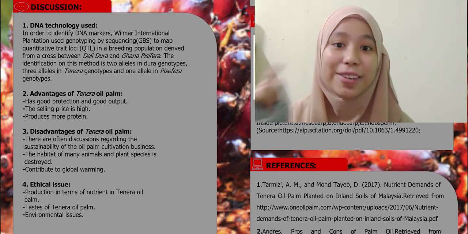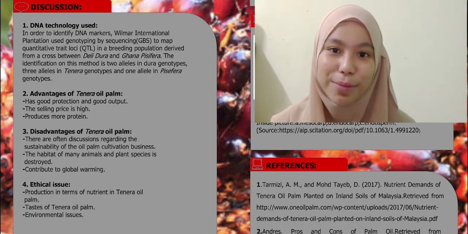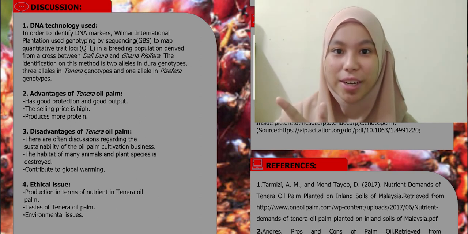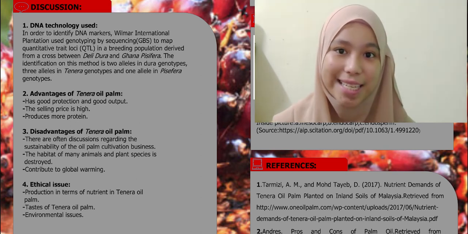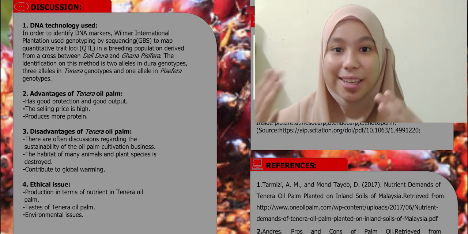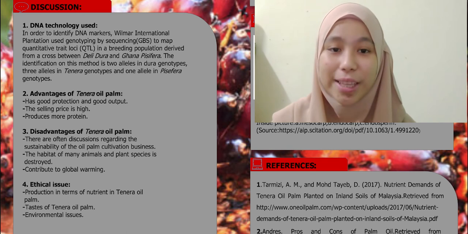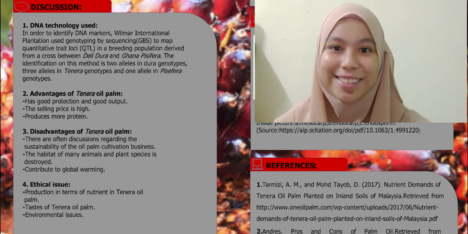Until right now, Tenera oil palm has become a huge demand throughout the world because of its advantages compared to Dura and Piscifera. One of them is that it has very good protection and also very good production of oil with a very high price.